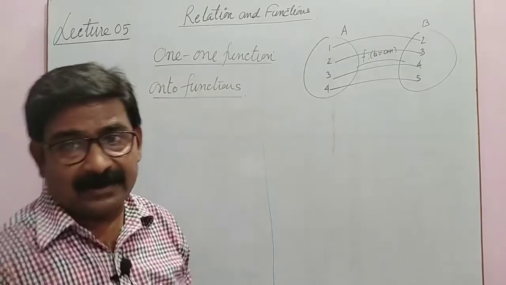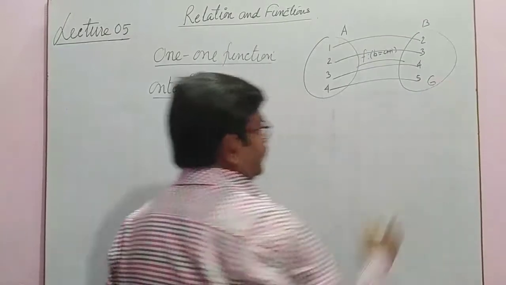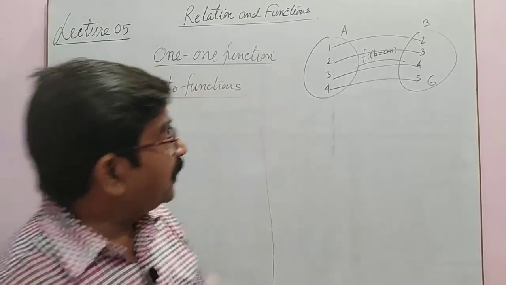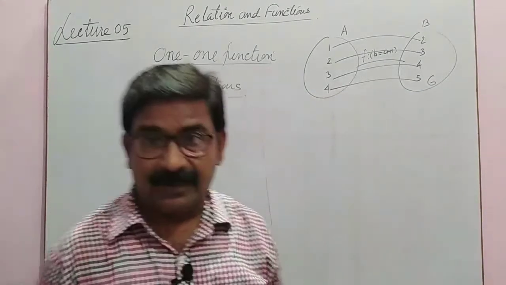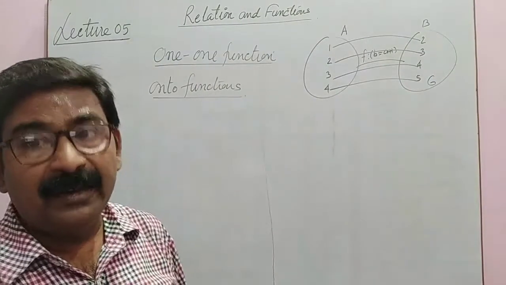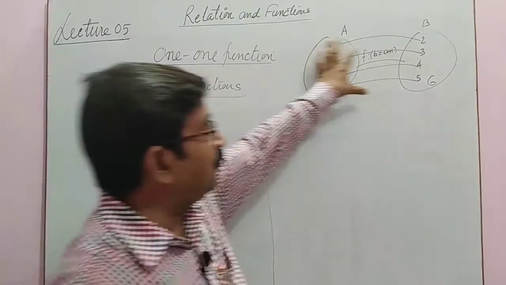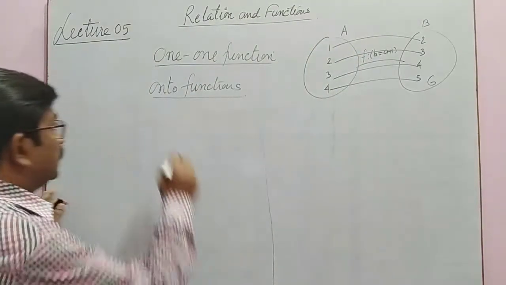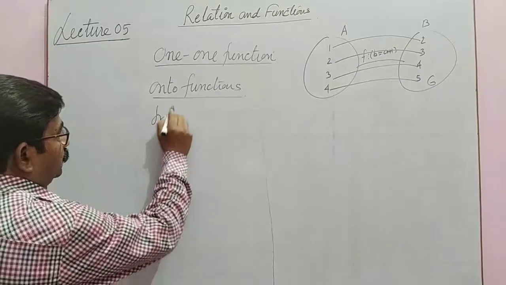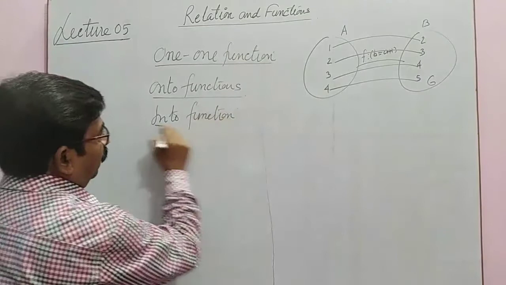If by chance any element is left in the second set which does not have a pre-image in the first set, suppose 6, then this kind of function is a one-one into function.